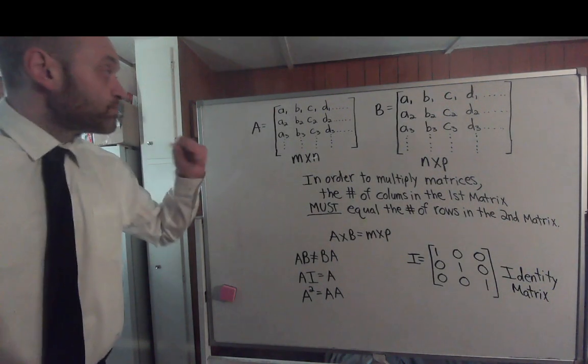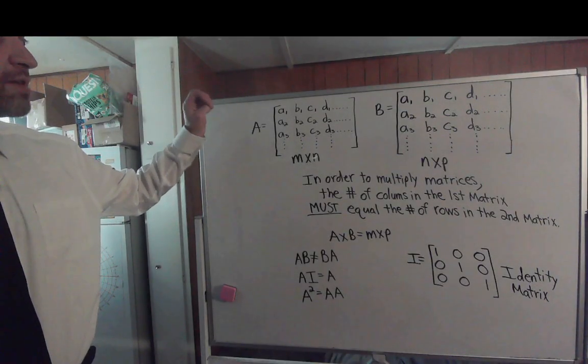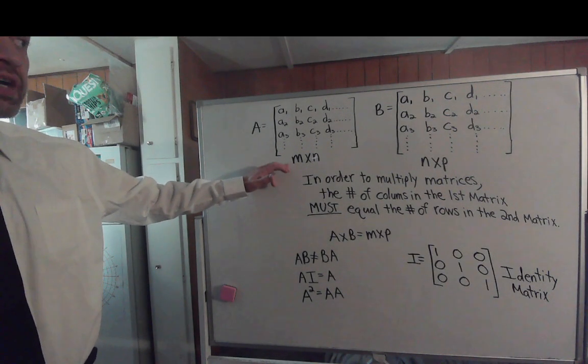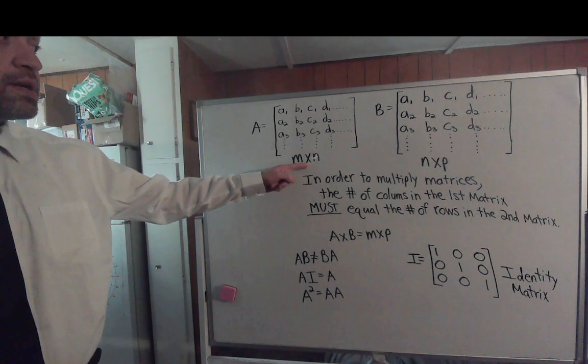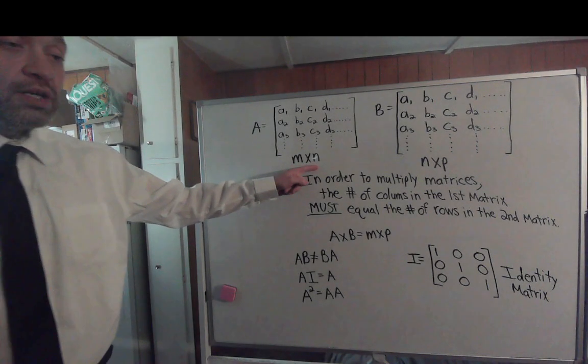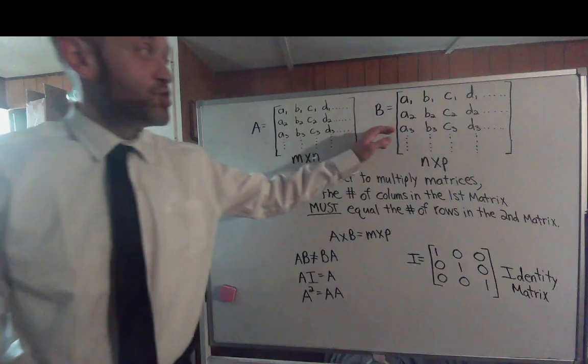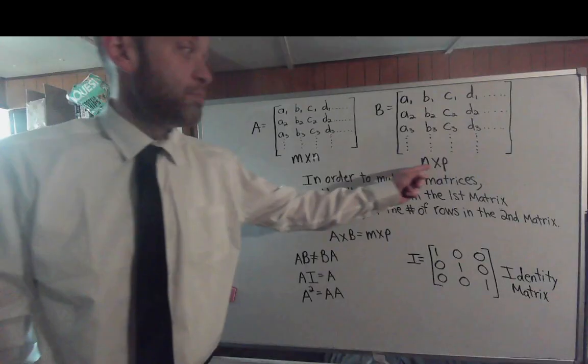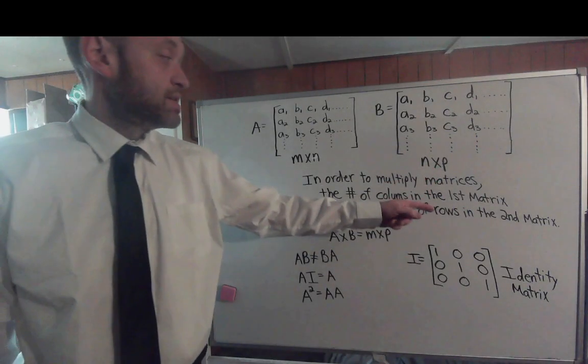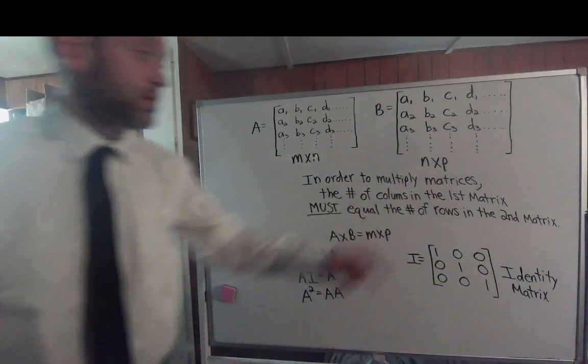So let's say we have some matrix A with its various entries. It's just some order m by n, so m rows, n columns. And then you have matrix B with its various entries. Its order is n by p, so it has n rows, p columns.